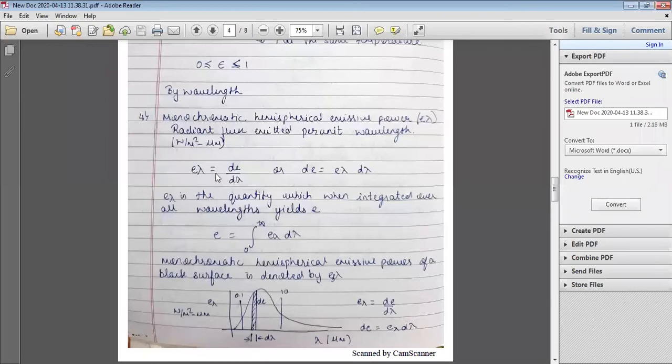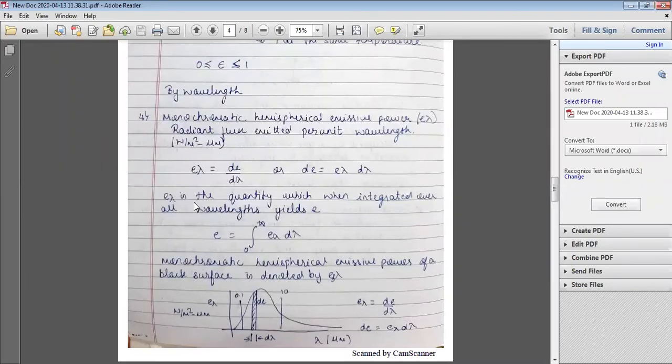So E lambda is the radiant flux per unit wavelength, and dE will be equal to E lambda into d lambda.